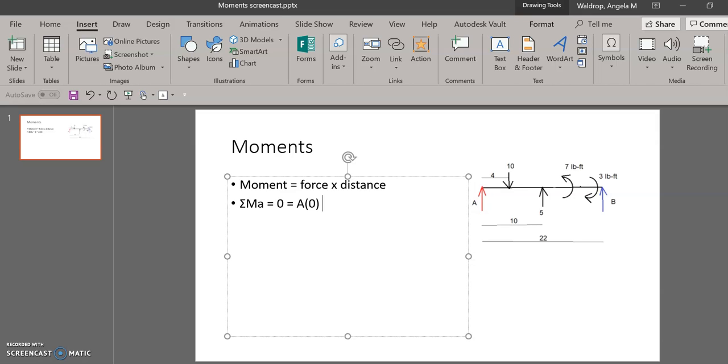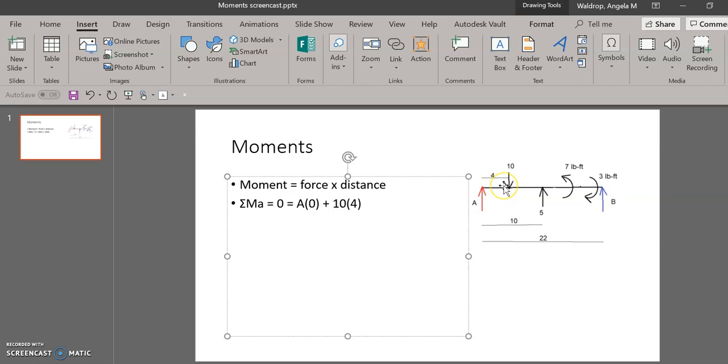Now, moving left to right, the next thing that we're going to do is add. Our next force is 10, and our distance here is 4. But we have to worry about the sign for this particular moment. That's where something called the right-hand rule comes into play. If I'm using the right-hand rule, I'm going to put my wrist on the point where I'm taking the moment from, which is, in this case, A. I'm going to curl my fingers in the direction that the force is pointing.